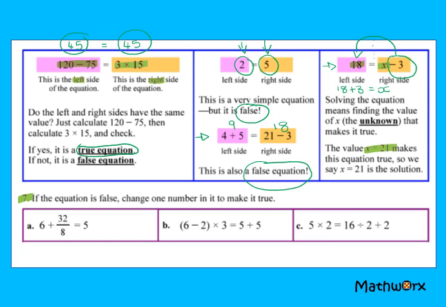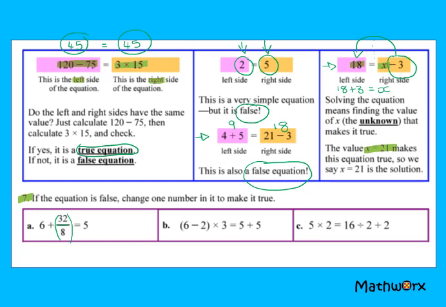Now remember with our brackets here, we have a fraction sign, which means division because of this line here. The question says, if the equation is false, change one number to make it true. So we have to find out if the left-hand side equals the right-hand side.